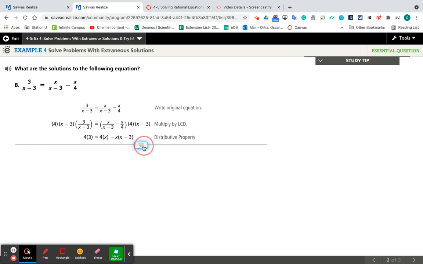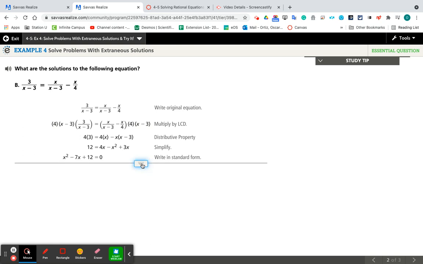So using the distributive property, x times x, x squared, x times 3, 3x. Watch the signs. Negative x times negative 3 is positive 3x. And this is negative x times positive x, so negative x to the second power.